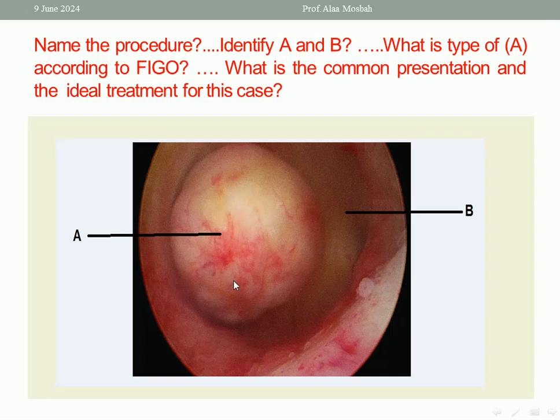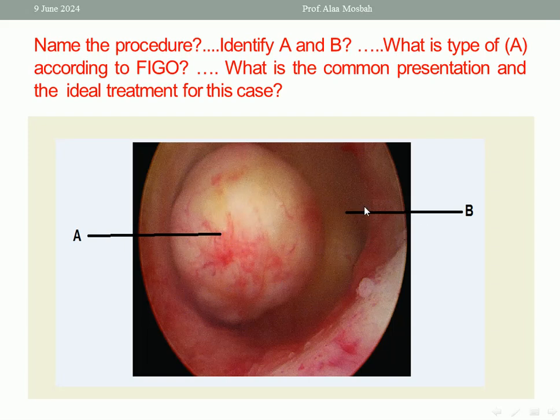What is the type of A according to FIGO? Which type of fibroid? This one, the intracavitary one with a pedicle is called type 0 according to FIGO. So this is leiomyoma, and the type of A according to FIGO is type 0.